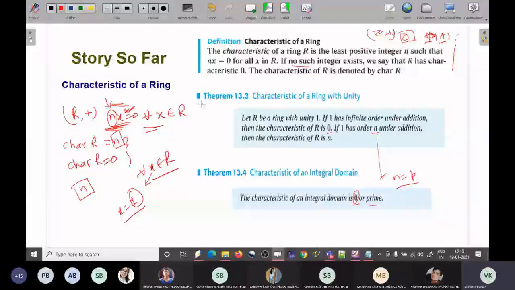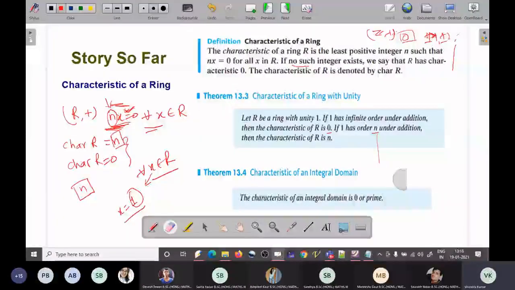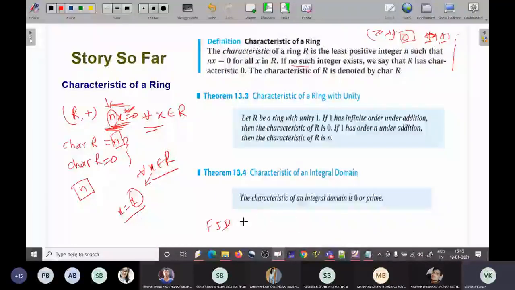The result we proved, based on that we can conclude some more results, because we know that every finite integral domain is a field. And every field is an integral domain.